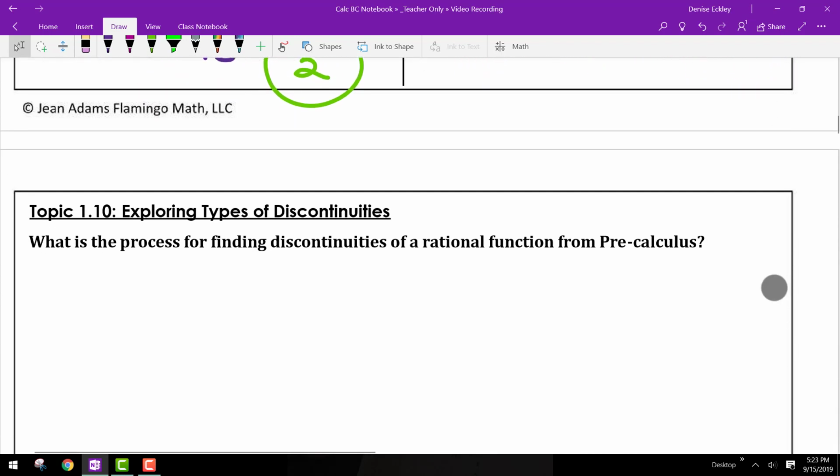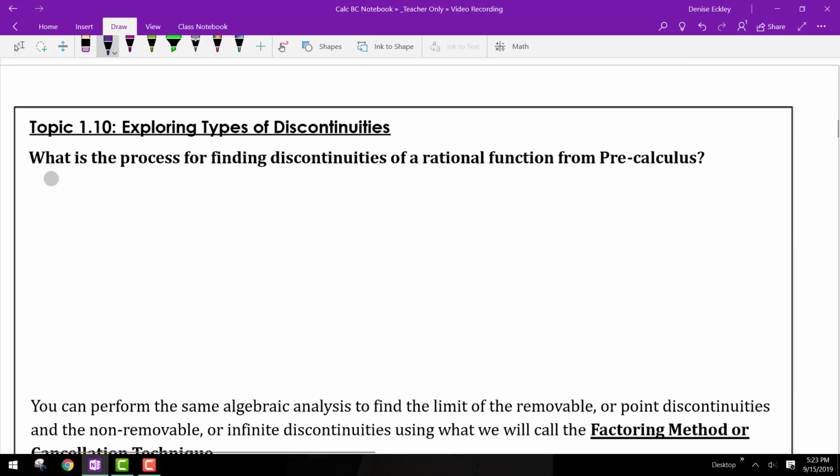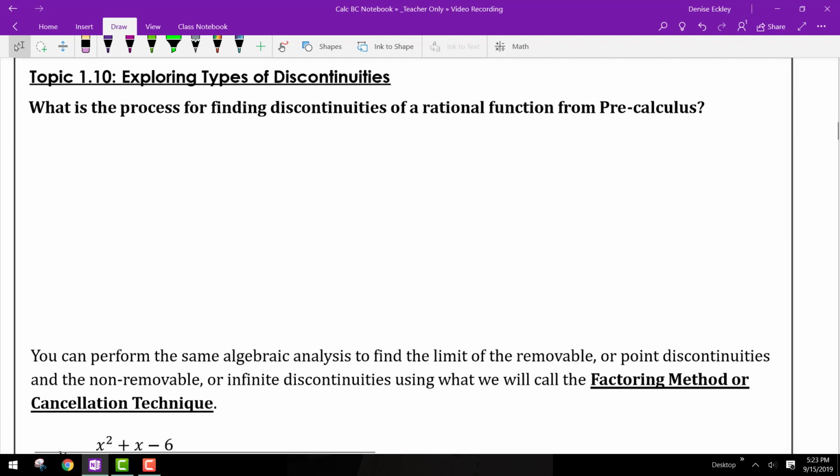Okay, next part is looking at discontinuities. And of course, we have 2 types of discontinuities, and we're going to list some strategies here that we can use. So the first thing we always want to try with this is first to factor both the numerator and denominator.